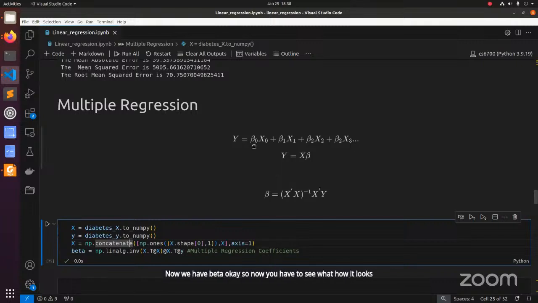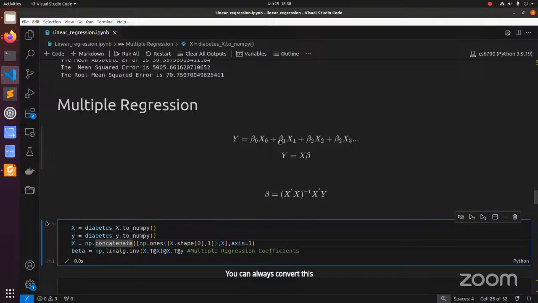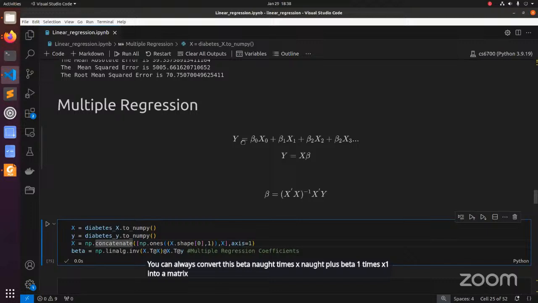So now you have this thing, beta naught times x naught. This x naught, assume that it is 1. Generally whenever you see x naught, x1, x naught is set to 1. You can always convert this beta naught times x naught plus beta 1 times x1 into matrix form. Remember the linear algebra class, where you can always write a linear equation in matrix form.